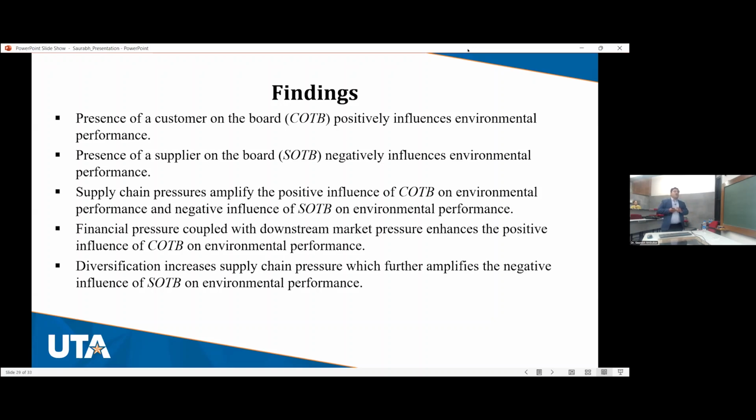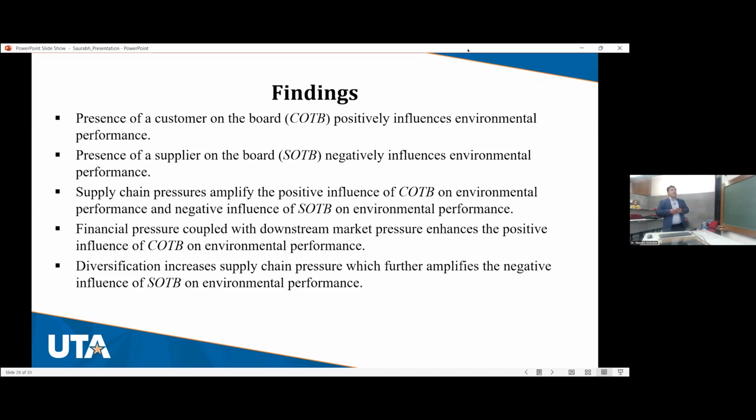So if there is downstream market pressure, we see a more positive customer on the board and environmental performance relationship. And with COGS intensity, we see a further strong negative relationship. Now, these relationships are again influenced by both financial pressure and market diversification. Diversification increases supply chain pressure, which further amplifies the negative influence of SOTB on environmental performance.